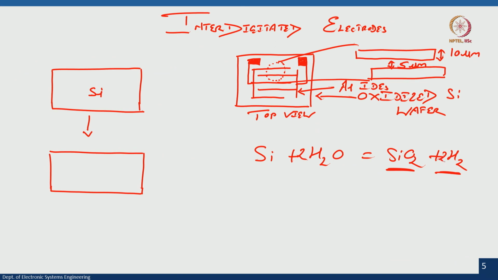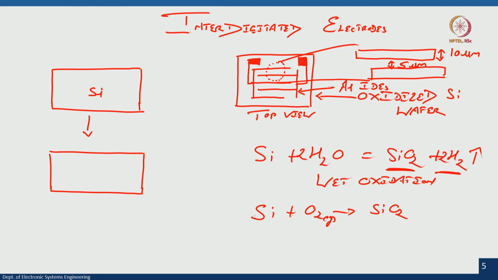So, here is 2H2, right. So, Si plus 2H2O gives SiO2 plus 2H2, easy. The hydrogen goes out as exhaust. So, this is wet oxidation. In case of dry oxidation, Si plus O2 gives SiO2. This is the oxygen gas, right. This is the water vapor 2H2O.